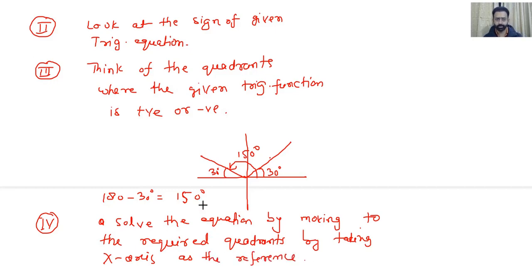I have told you earlier that we always need to take the x-axis as the reference. So I have to move to the second quadrant. What I did is pi minus 30 degrees, so 180 minus 30 degrees is 150 degrees. You can check this: use your calculator in degree mode and type sine 150. It will give you half. So things should be clear to you why it is half.